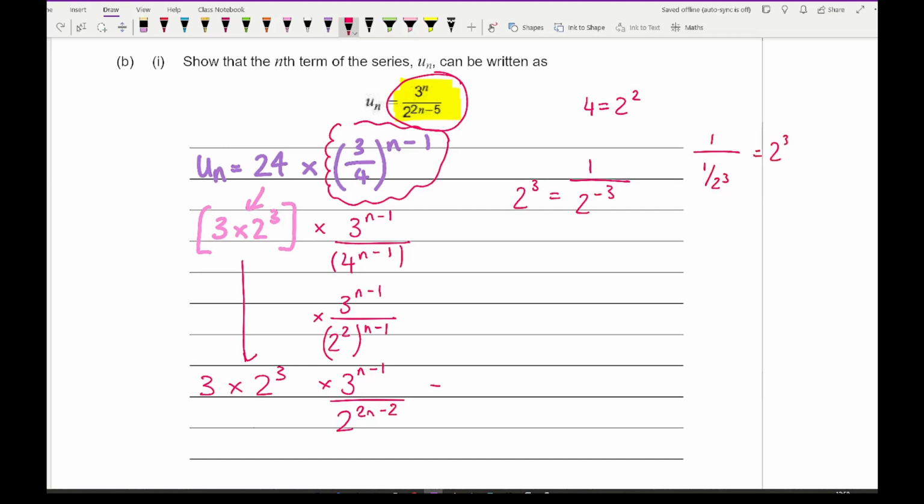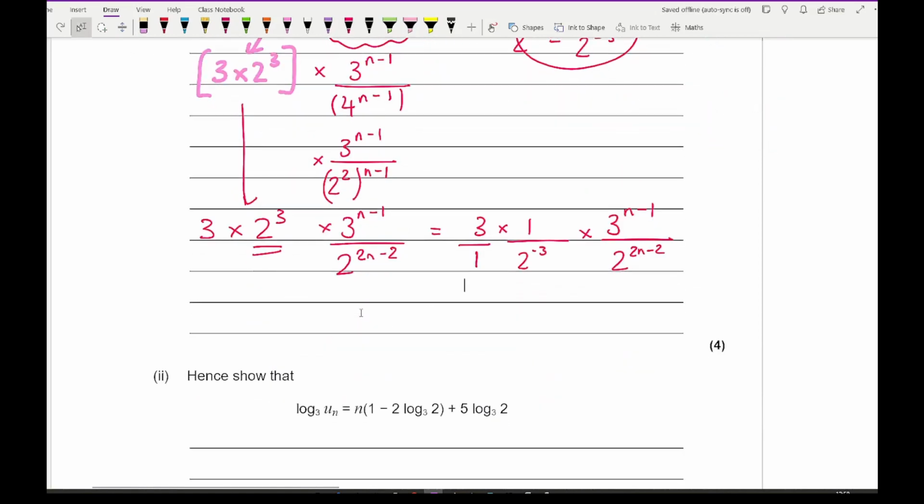Now, rewriting this 2 cubed as this, I then get 3 times 1 over 2 to the power of minus 3, multiplied by 3 to the power of n minus 1 over 2 to the 2n minus 2. Now, if I just write 3 as a fraction, you can see there that I've got lots of fractions being multiplied together.